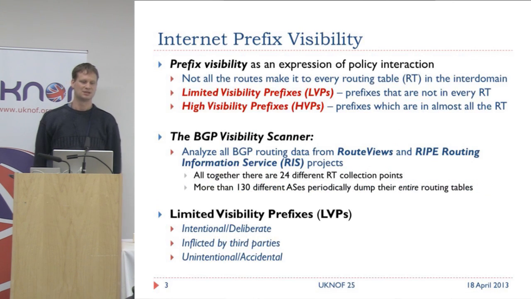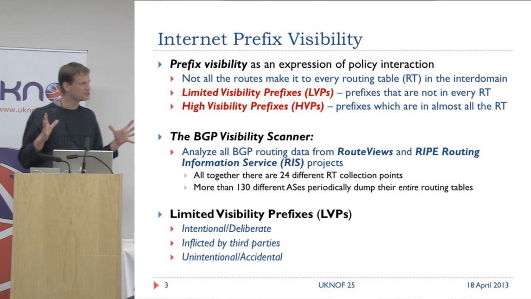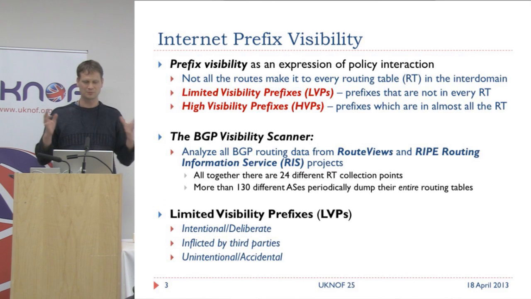When you look at all those prefixes that you can see, you notice you have two types. One we call high visibility prefixes, which are just everywhere. But then you also see prefixes which we call limited visibility prefixes, which are not in every routing table all over the globe.